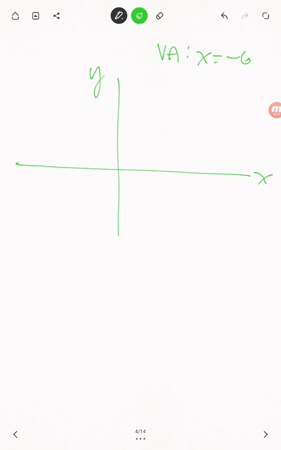Since I have to go all the way up to 194, I'm going to make that pretty close to 0 over here. So that's going to be negative 6. And then my next point is (negative 4, negative 3), so that's going to be really close to my asymptote over here.